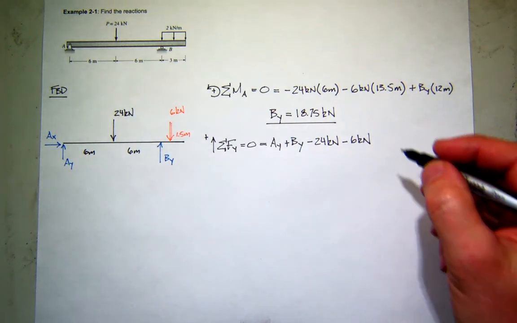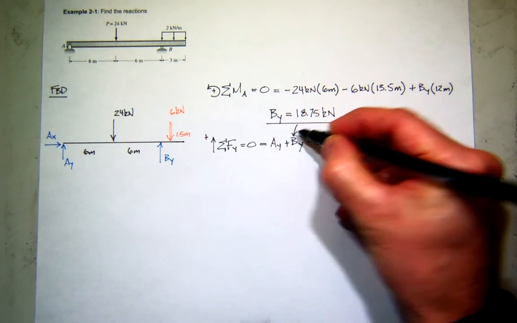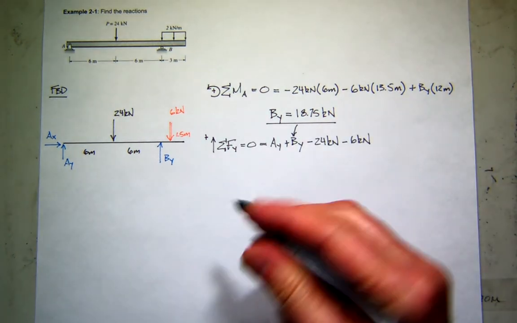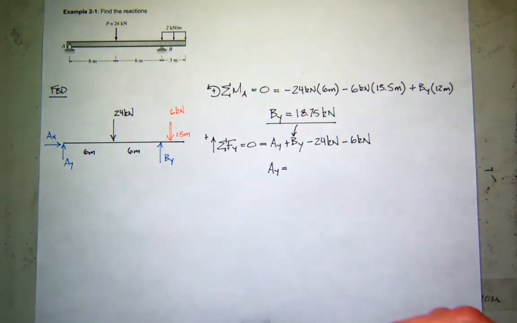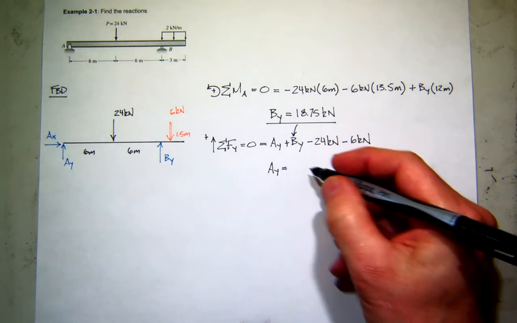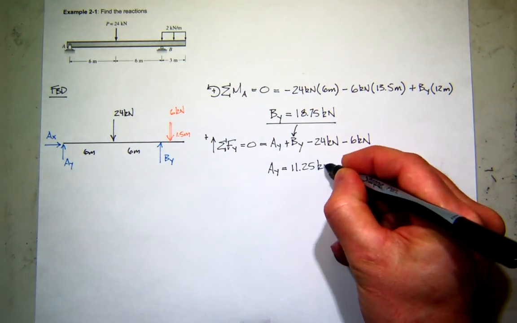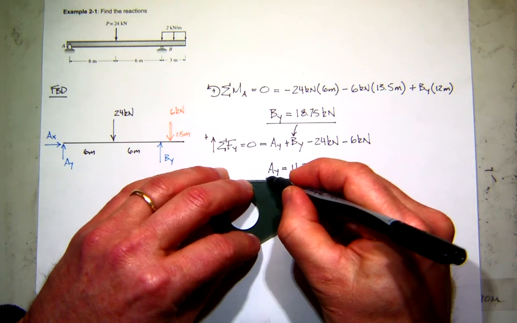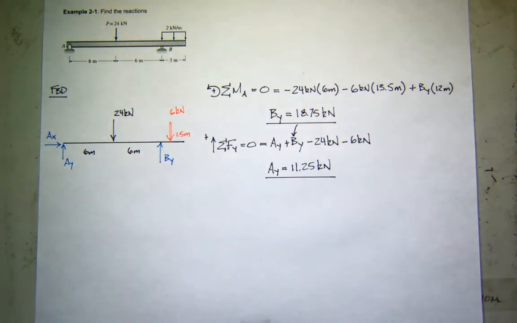All I have to do now is just plug that BY right into there and solve for AY. And you probably get like 11.25. Also positive, so again, I assumed AY is up, and it is.